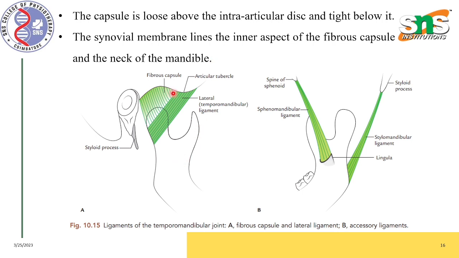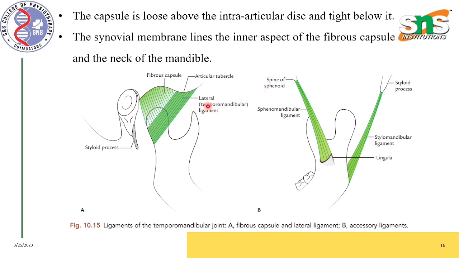In this diagram you can clearly see the attachment of your fibrous capsule. It is attached above to your articular tubercle, the circumference of your articular fossa and the squamotympanic fissure, and below it is attached over your neck of the mandible.